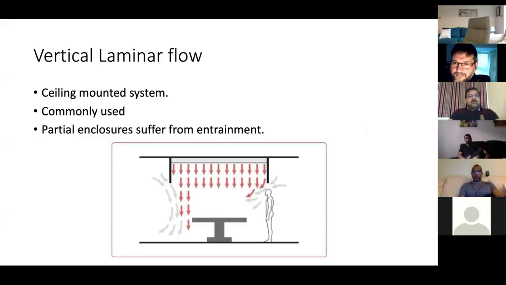This is the common type of laminar flow used. It is a ceiling mounted system, vertical laminar flow, partial enclosure. What we mean by partial enclosure is essentially that part of the room has this laminar flow system, and it is segregated by partial height walls on all 4 sides.